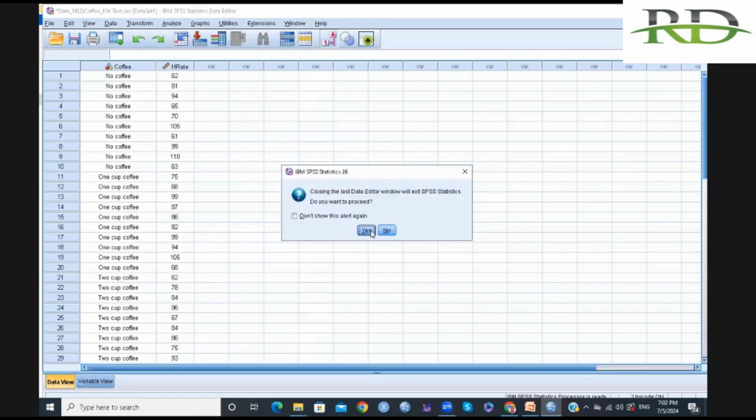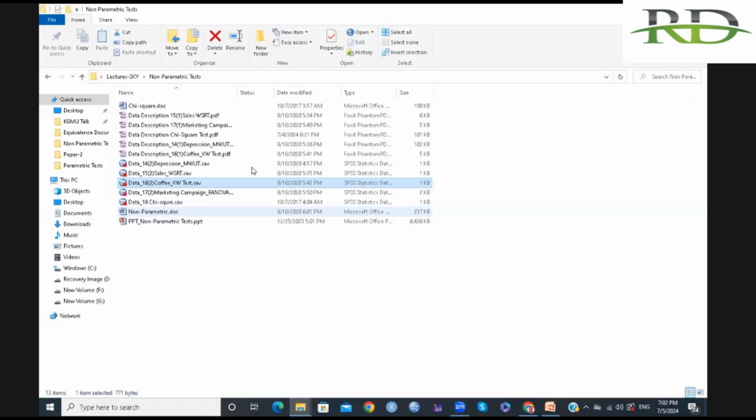So usually heart rate should follow a normal distribution. Yes, but here we are just using it as an example. We have taken the data of the heart rate with the caffeine consumption. See, these people are not of the normal type. They have some higher heart rate.